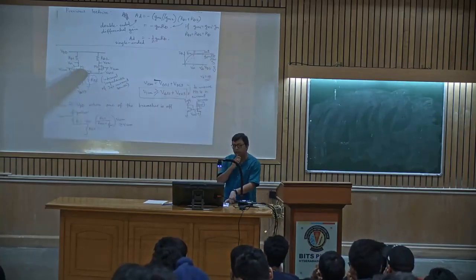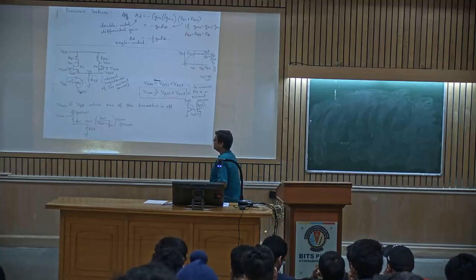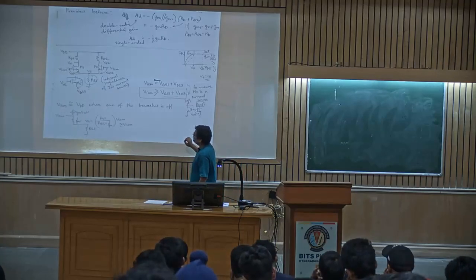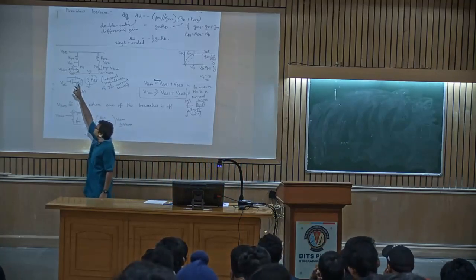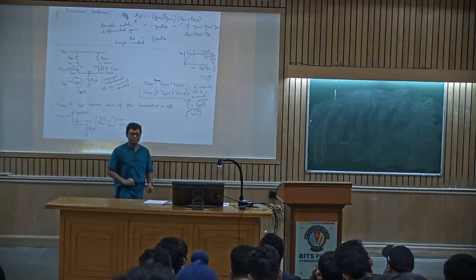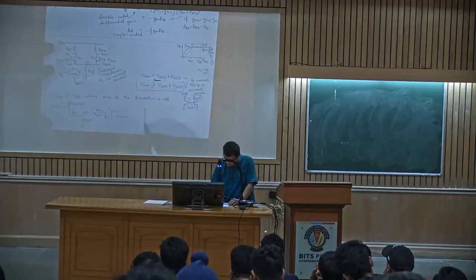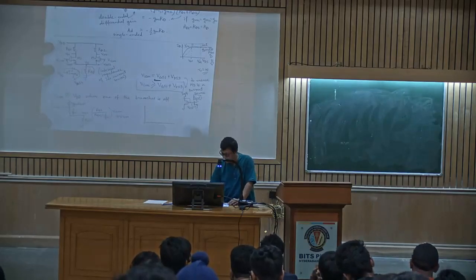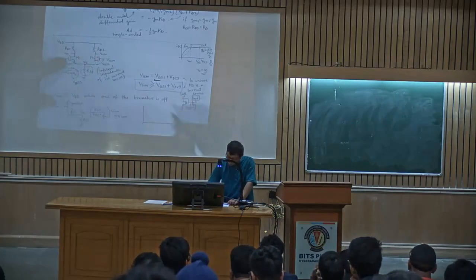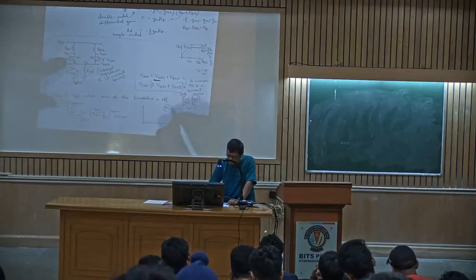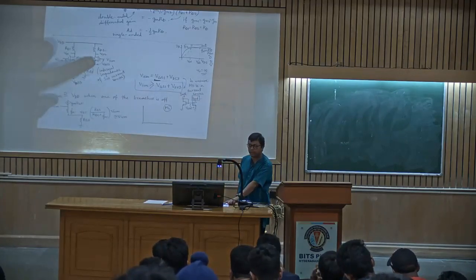Actually it's not VDD. We will see in a while. Now let us concentrate on only this transistor. We are doing this only for transistor M1. This is also the same for transistor M2.